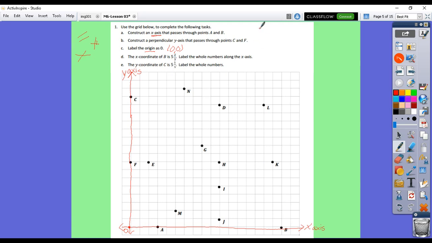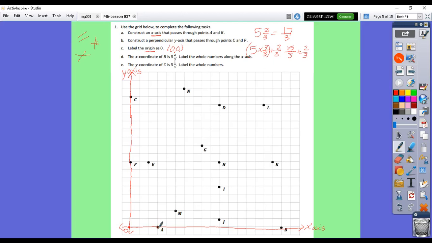What I'm going to do is I'm going to take 5 2/3 and I'm going to convert it to an improper fraction. So I'm going to say I have 5 copies of 3/3 plus my 2/3. So 5 copies of 3/3 is 15/3 plus 2/3, which is 17/3.